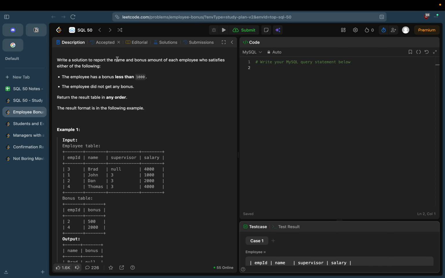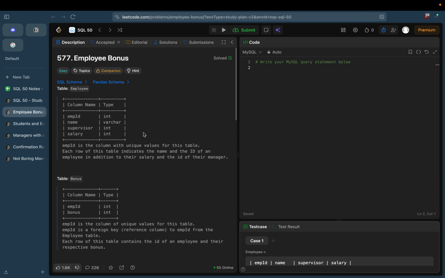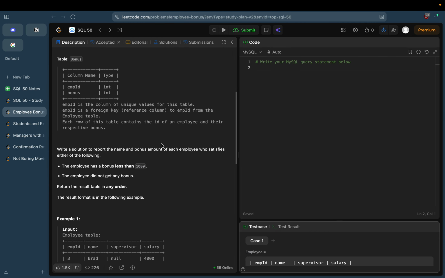So first of all, from this problem statement, there are two things that I can deduce. One is that since we want to report the name and bonus of each of the employees, we're somewhere looking at a left join with the employees on the left, so that all of the employees are considered. That is something that I can deduce with the phrasing of this question. And who satisfy either of the condition, where either is used, we'll be using the or clause of SQL, and these conditions are on the column bonus only.